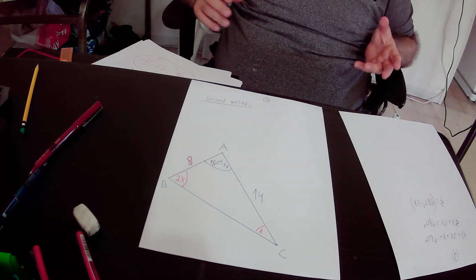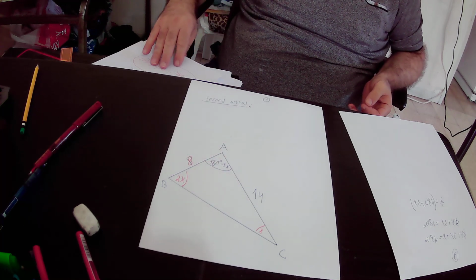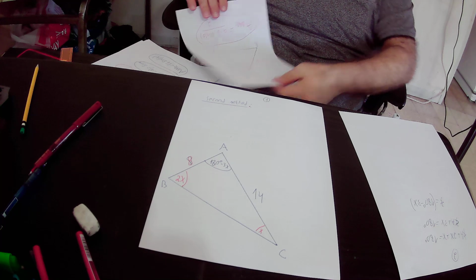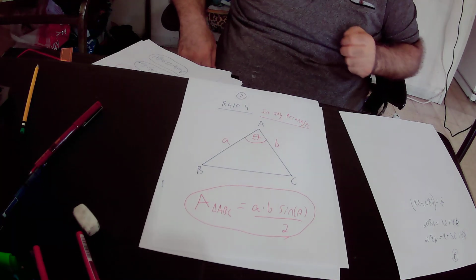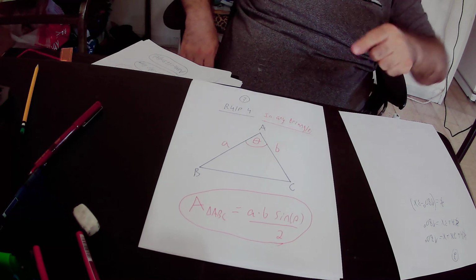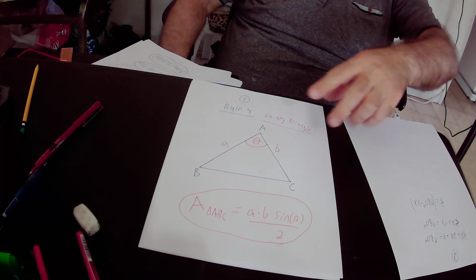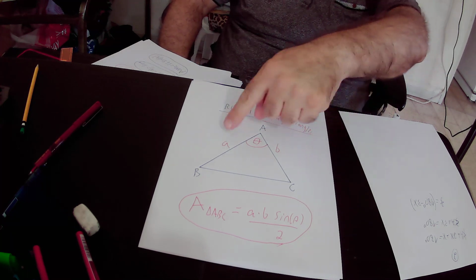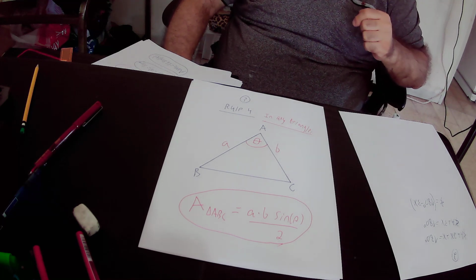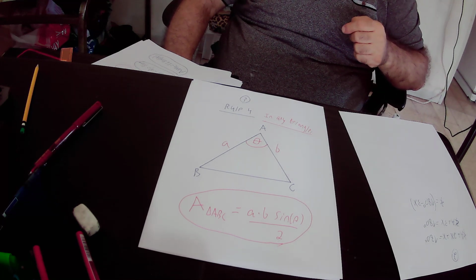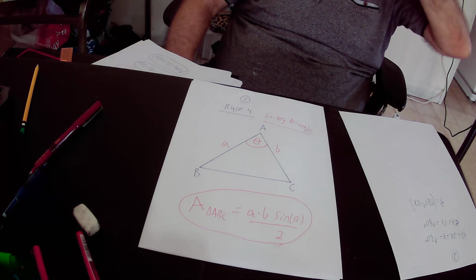And we found the area of this triangle ABC according to a new formula. We have rule number 4 that states that the area of any triangle equals A times B times sine theta over 2. That is the area of any triangle, because triangle ABC can be any triangle.